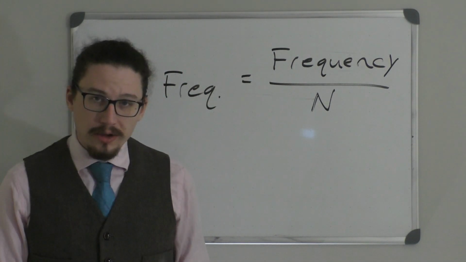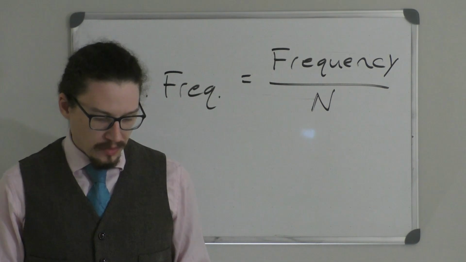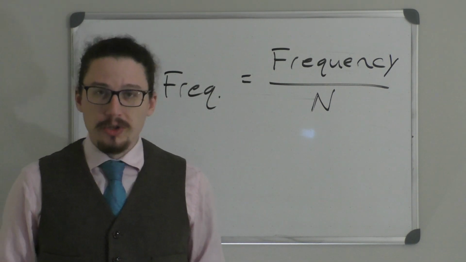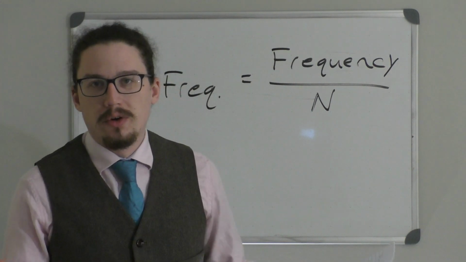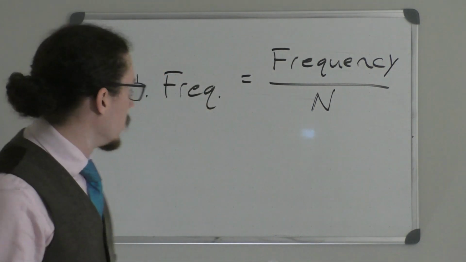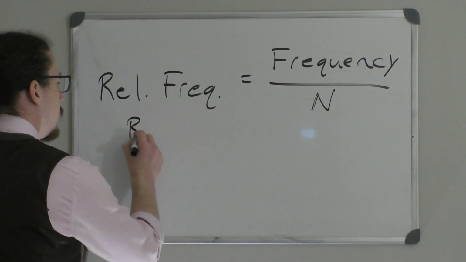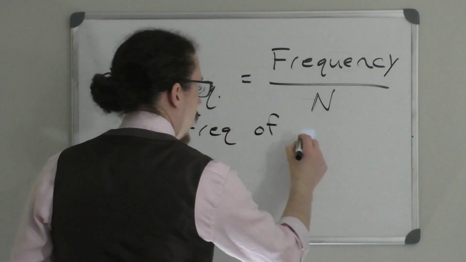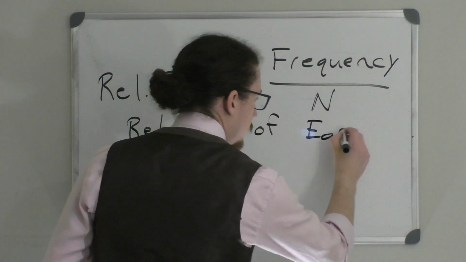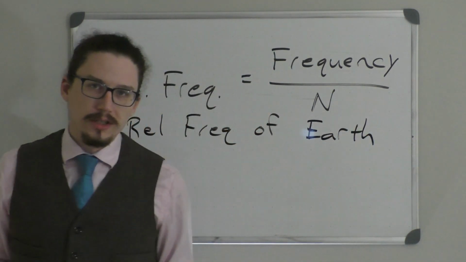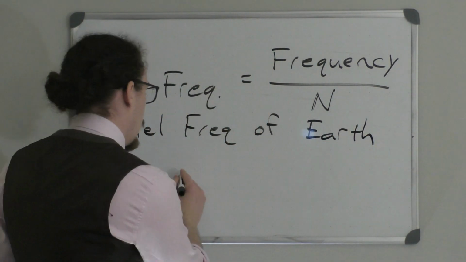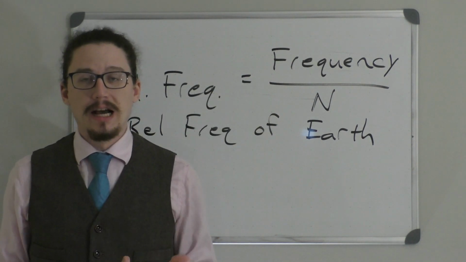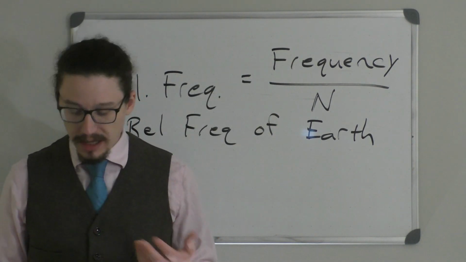So when we go to calculate our relative frequencies, I'm just going to do one or two as an example, and then I'll write the whole table up. If we were looking for the relative frequency of Earth, we'll do Earth because it's going to be the simplest one. That's going to be the frequency of Earth. How many times does it appear in our data set?